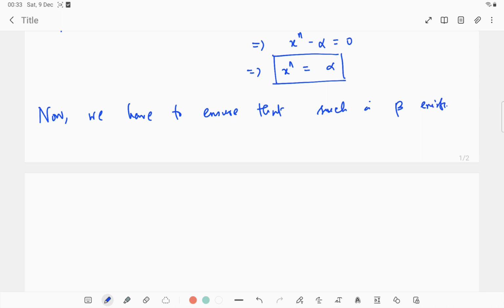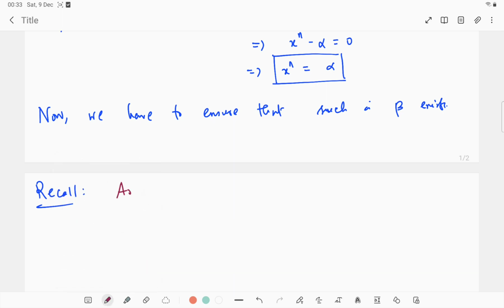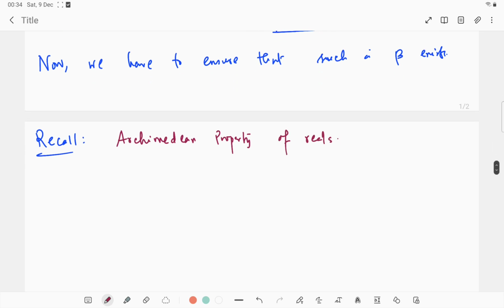So how to prove this? Just recall the Archimedean property of real numbers, the Archimedean property of R.